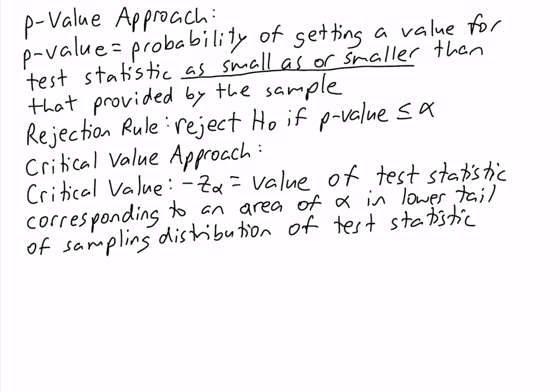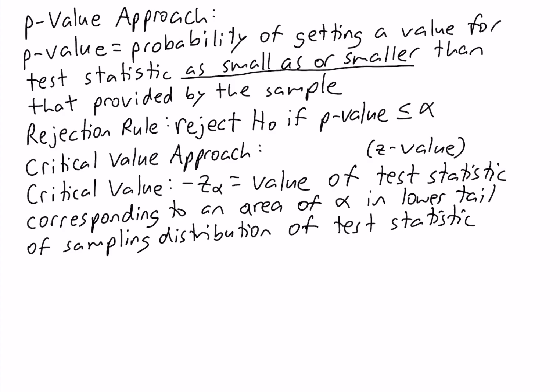Now, when we say value of the test statistic, well, the test statistic follows a z distribution. So what we're really saying here is the z-value. So we're looking for the z-value corresponding to an area of alpha in the lower tail of the sampling distribution of the test statistic.